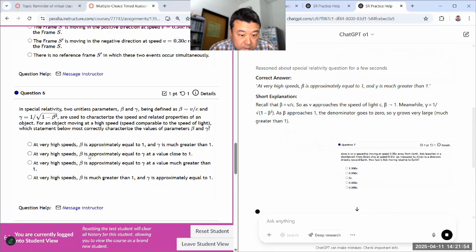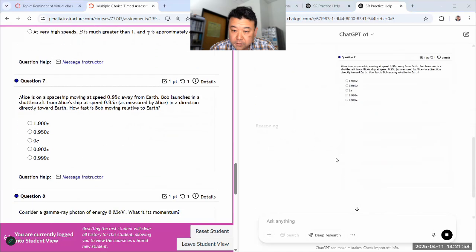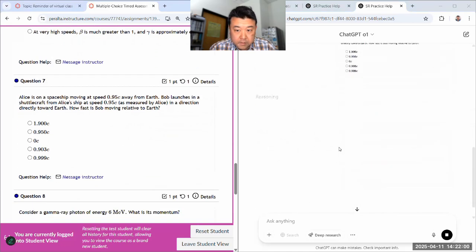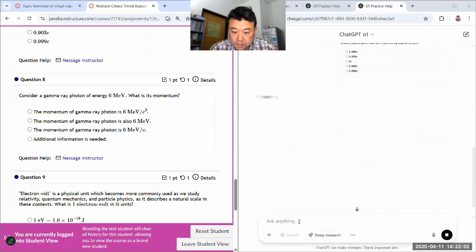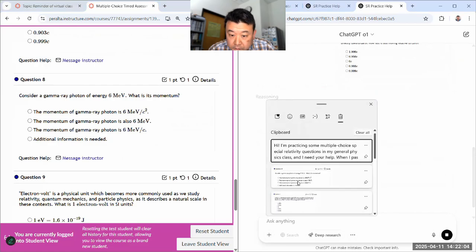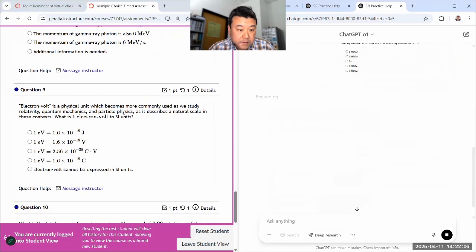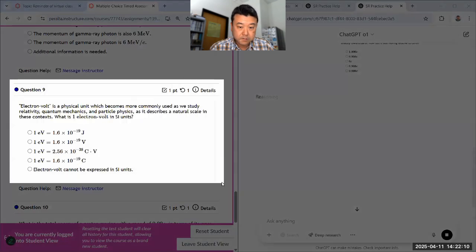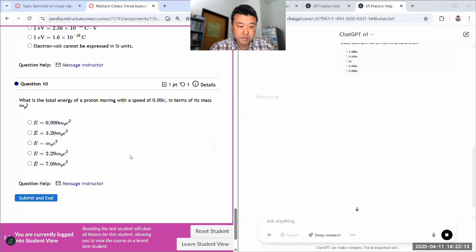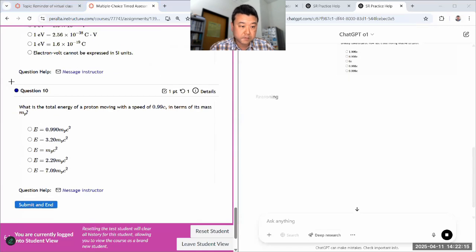Very high speed, beta is approximately equal to 1, and gamma is, yeah, probably right. 7. I think 8 is still in the buffer. Yeah, so I need the 9 in the buffer, and then 10 in the buffer.